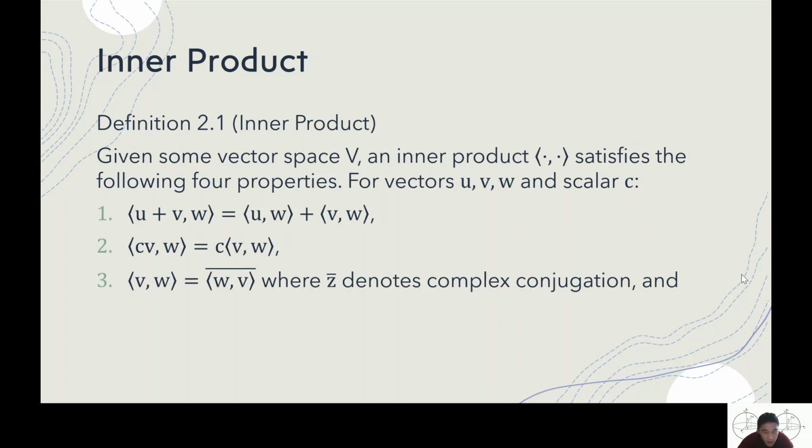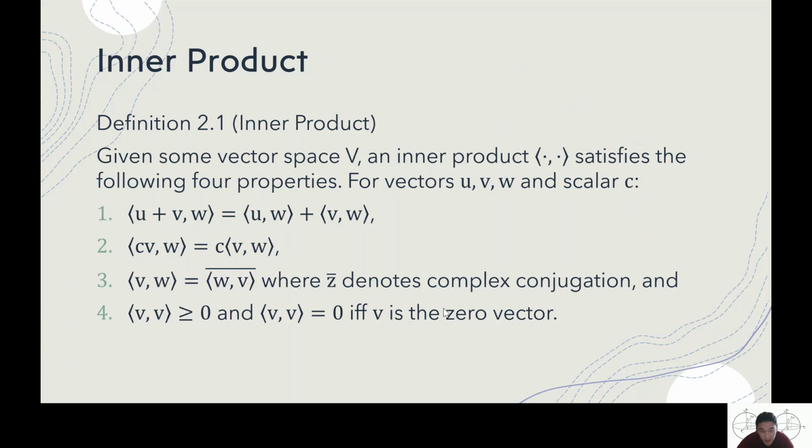The third property we have is that the inner product of v and w is equal to the conjugate of the inner product of w and v, where typically when we say conjugate, we mean complex conjugate. Note that for real elements, the complex conjugate is going to be itself. We call this the symmetric property of inner products.